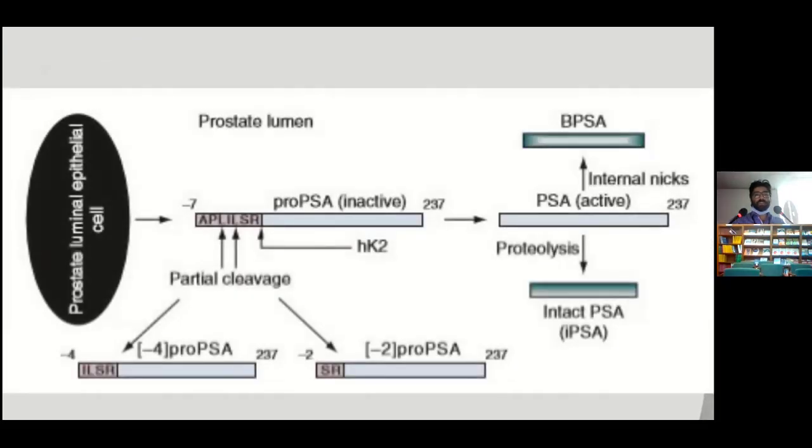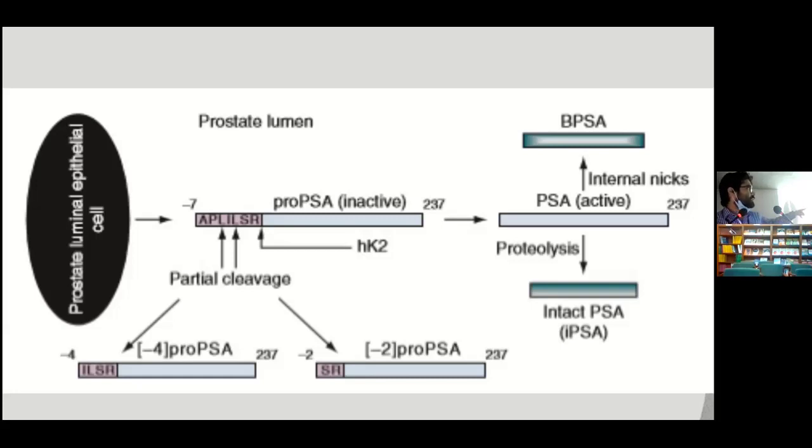So here you see this pro-PSA, which has 237 amino acids and a 7 amino acid chain attached to it. It has to undergo cleavage to form this active PSA. It goes through internal nicks to form -4 pro-PSA, -5 pro-PSA, and -2 pro-PSA, and such types are mostly found in the transition zone.